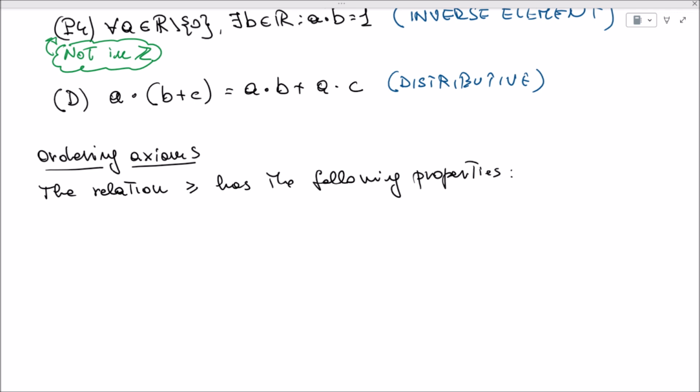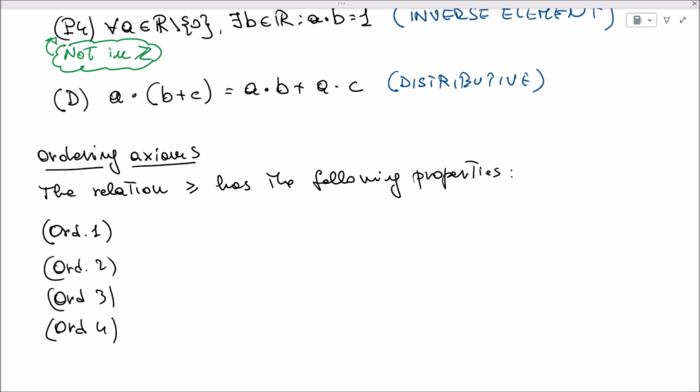So we'll call these properties, because they are related to the ordering, ord1, ord2, ord3, and ord4. So we will have 4 properties for the ordering.